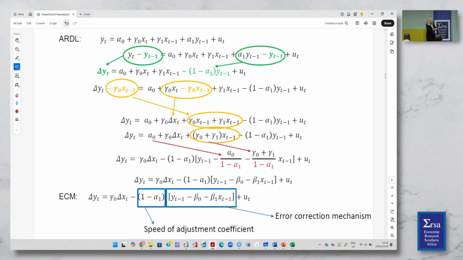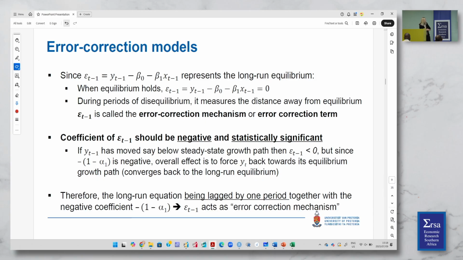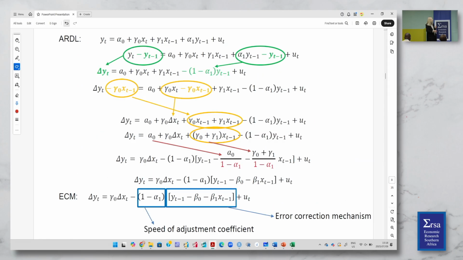So how will we implement that, and what does that story about the error correction mechanism, what does that mean? And why do we lag this? This is also by design that we want those terms lagged. Although we talk about steady state, at some point it doesn't matter.